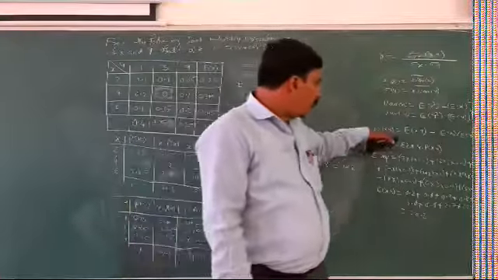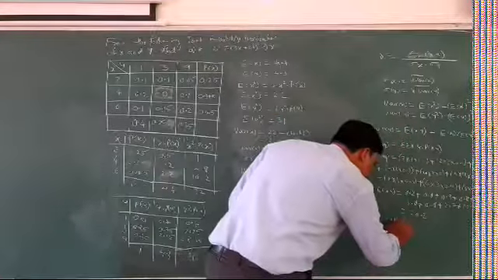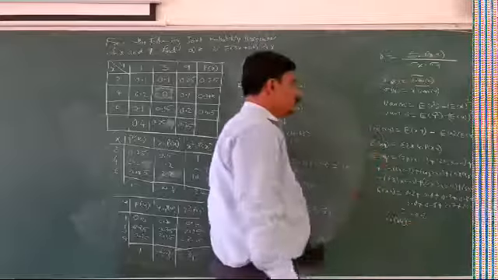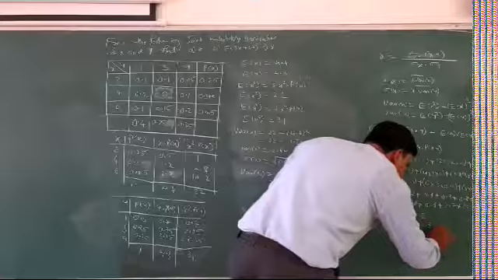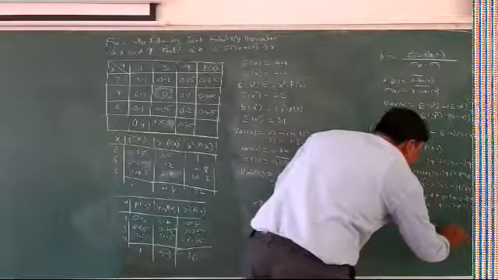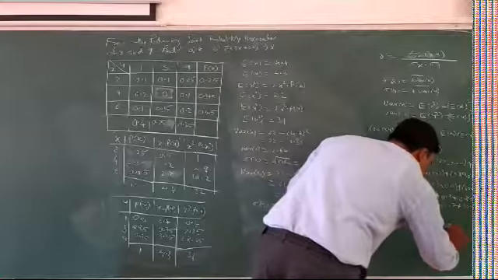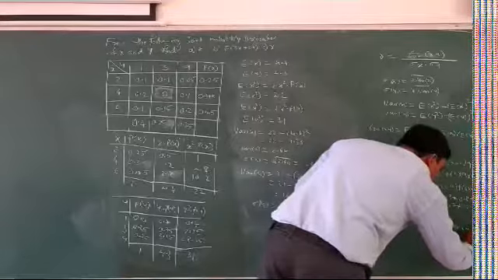Now we have to find covariance of xy. So covariance of xy is equal to E of xy, which is 20.2, minus E of x, that is 4.4, into E of y, which is 4.3.